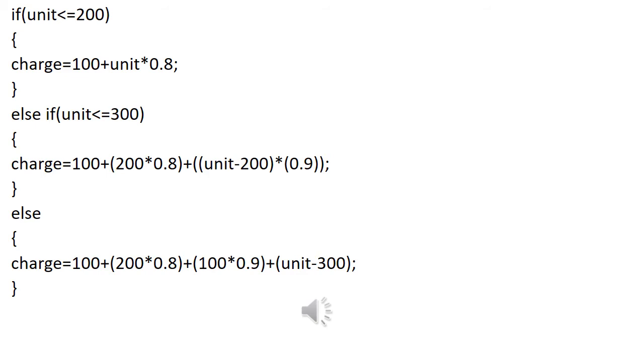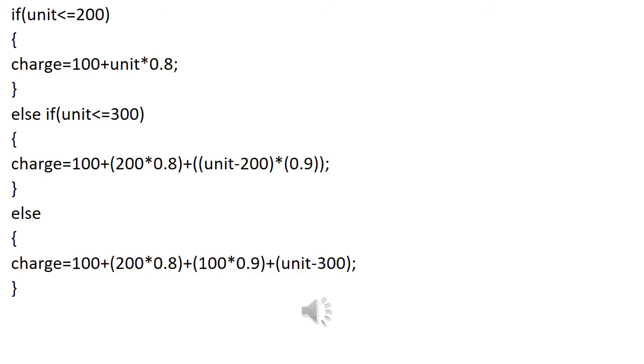There are two ways: either you compute the charges in paise and then convert to rupees, or you convert the initial charge, that is 80 paisa, to rupees and then compute the charges. What I have done is take the 80 paisa and convert it into rupees, so it is represented as 0.8, that is 80 by 100.